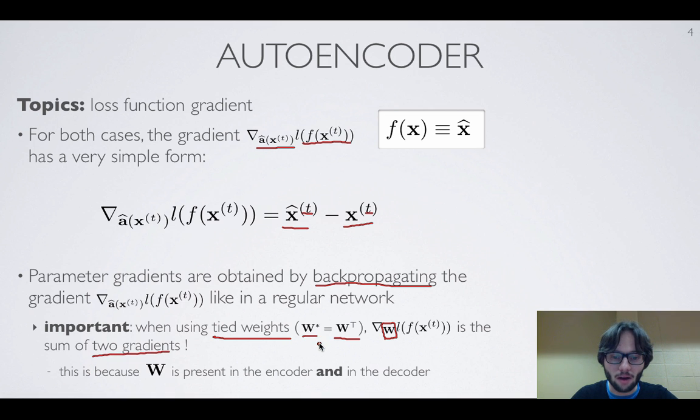It's going to be the sum of the gradient of W star transposed, plus the gradient with respect to W in the encoder part of the network. That's because these parameters W are present in both the encoder and the decoder, so they get gradients from both the decoder part and the encoder part. So that's something important to realize if you implement an autoencoder with tied weights.